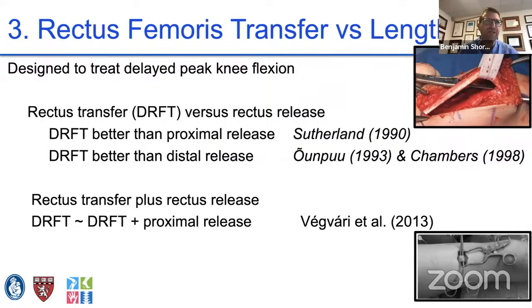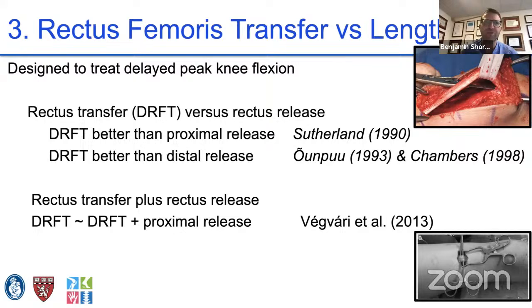Rectus transfer briefly. The design here is that if you're seeing that delayed decreased peak knee flexion, that the rectus is the culprit, and trying to do something with the rectus to balance the muscles around the knee is what's been proposed. I think there are two large camps in terms of management of rectus overactivity.